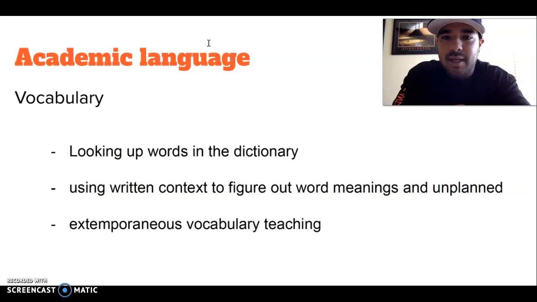And with trying to figure out the meaning of a word from context, in my experience, it can be extremely difficult. This is particularly the case for ELL students. It ends up being a guessing game for them, or it can for anyone. I can remember, I think this is what it is.